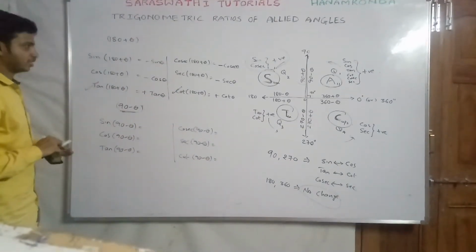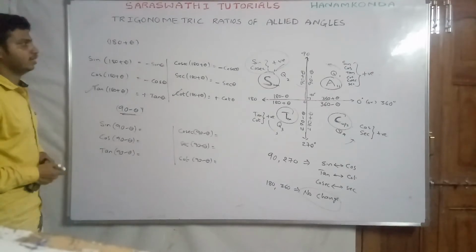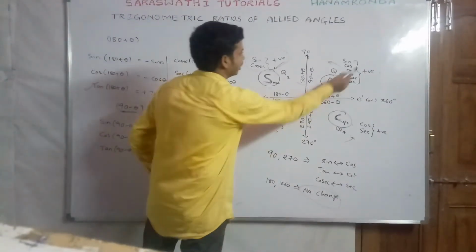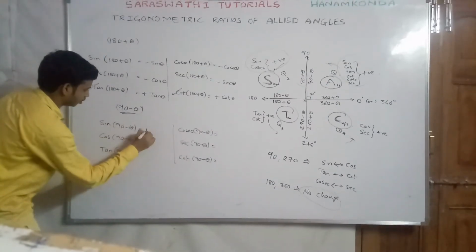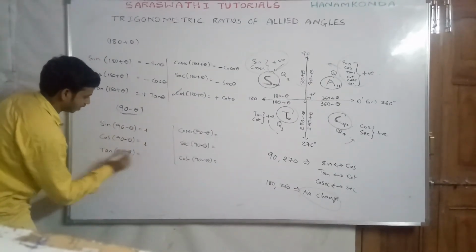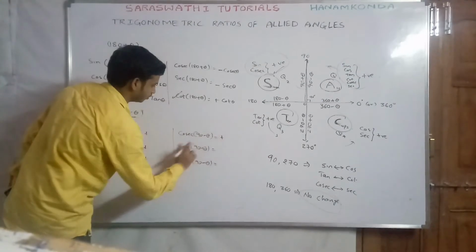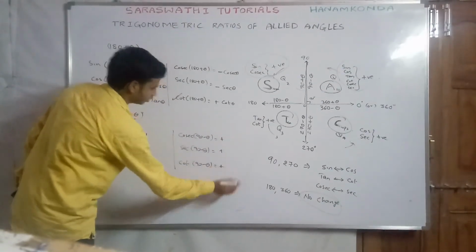Here 90 minus theta is in the first quadrant, and in the first quadrant all the trigonometric ratios are positive. Sine, cos, tan, cosec, sec and cot are all positive.